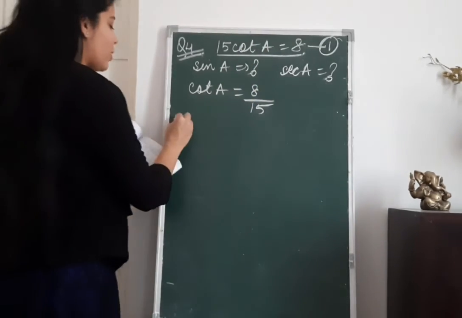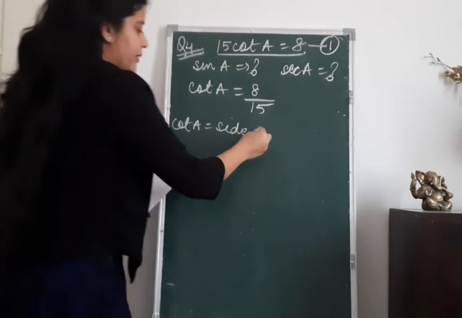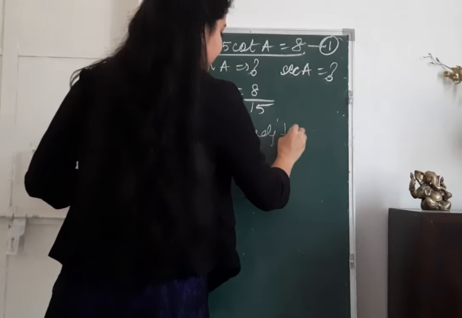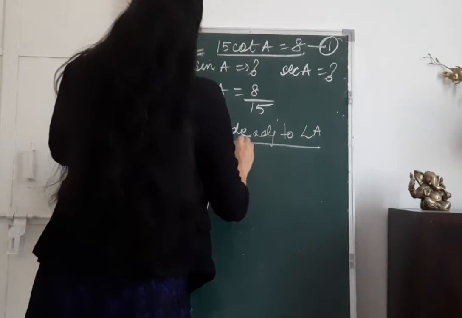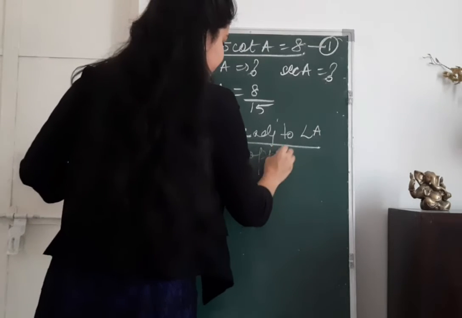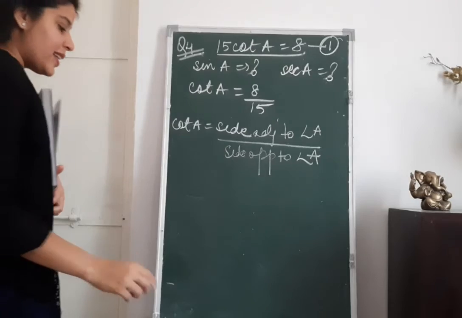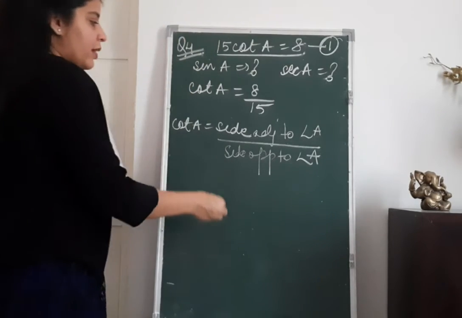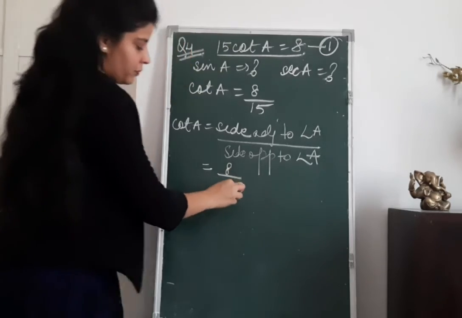What is cot A equals to? Side adjacent to angle A upon side opposite to angle A. Right? This is what cot A is equals to. That is 8 upon 15.